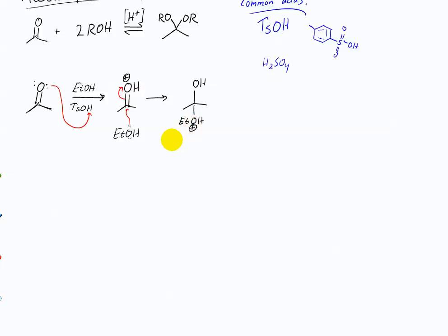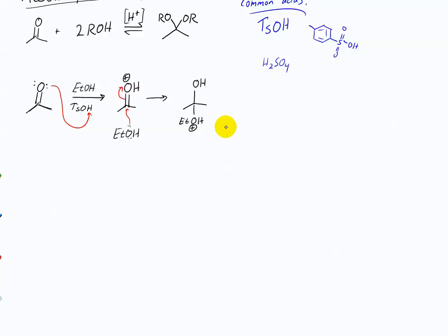Okay, so what happens next? That's right, and in this case, it's going to be a proton transfer up to here. So it's sort of like a deprotonation and a protonation in sequence. So let's actually, well, what does your book do here? Yeah, the book does them separately, so we're going to keep it separate too. So now we've got some kind of a base, maybe water or more ethanol.